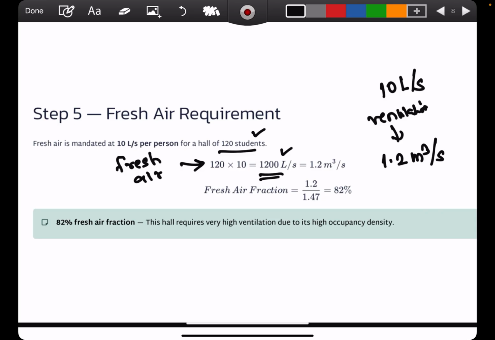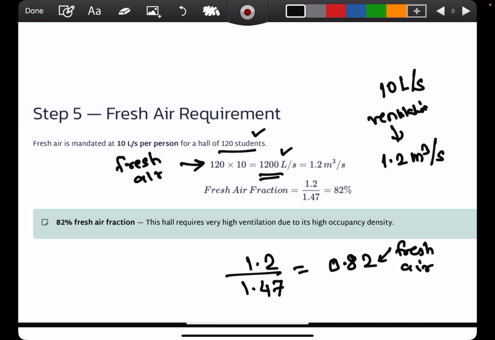So you see that the ventilation requirement is huge in this case, and the total supplied quantity is 1.47, which means about 82% is the fresh air to be supplied. This is in this unique problem, and only the remaining part, about 18%, is to be returned back.